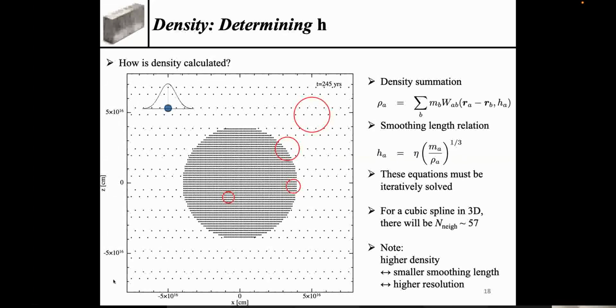In the majority of astrophysical cases, the regions of interest that we care about and are analyzing are typically those that have high density. So we automatically get higher resolution in these higher density regions that we care about. That is one nice benefit of this SPH method.